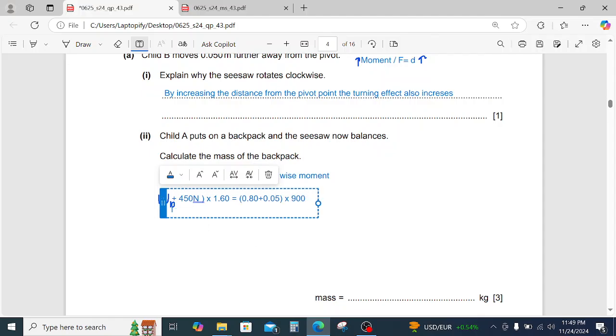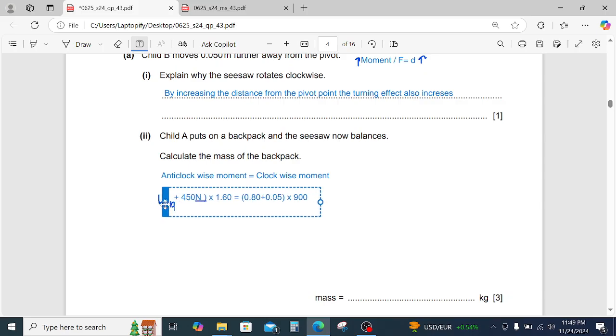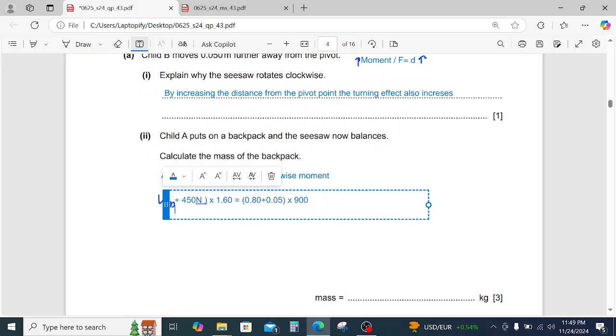Okay, now you have to add this one and W_B, weight of the bag, plus 450, multiplied by 1.60 is equal to, add these two terms, you will get 0.85 multiplied by 900.